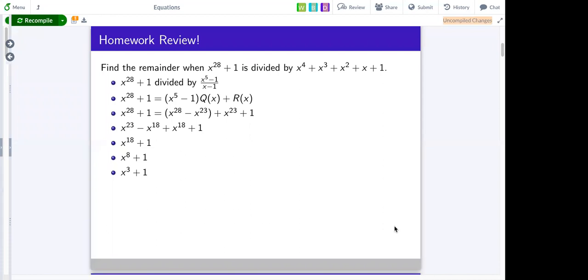So essentially, we can write x to the 28th plus 1 as x to the 28th minus x to the 23rd plus x to the 23rd minus x to the 18th, and so on, until we get plus x cubed plus 1.